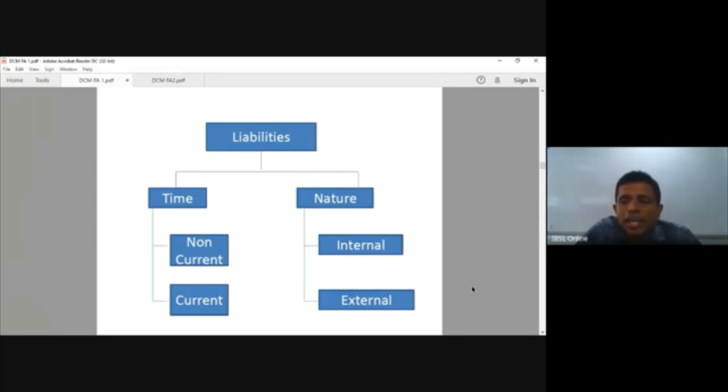When a business organization wants to own an asset, it should be financed in two ways. Either owners put money to finance that asset, or we have to borrow some loans to finance that asset. If it is the owner's money, we say that is an internal liability. If it is other than the owner's money, we say that is an external liability.